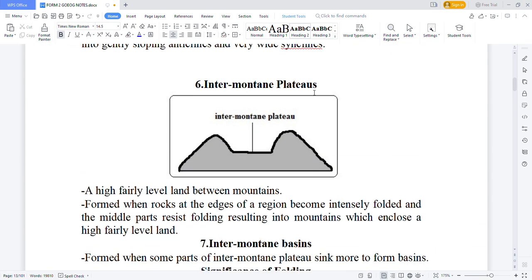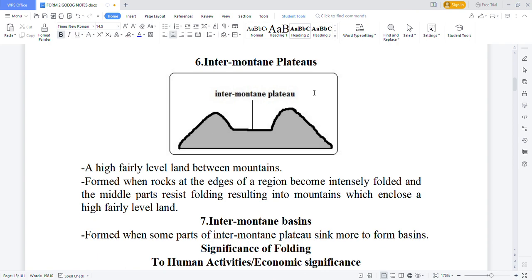We have intermontane plateaus, a highly level land between mountains, formed when rocks at the edges of a region become intensely folded and the middle part resists folding, resulting in mountains which enclose a highly level land.